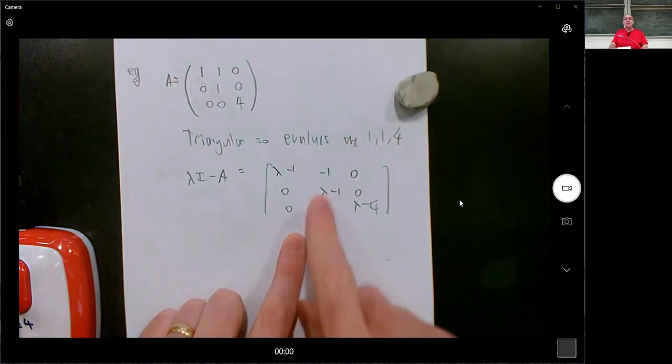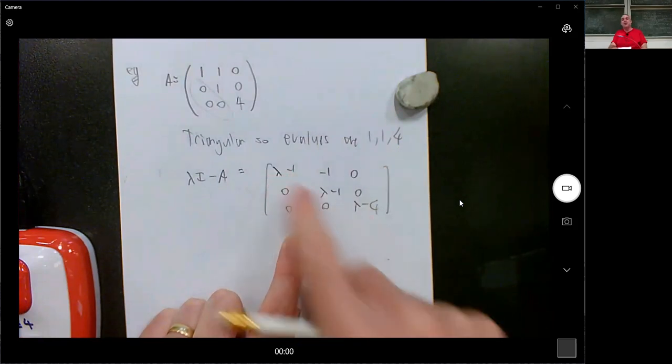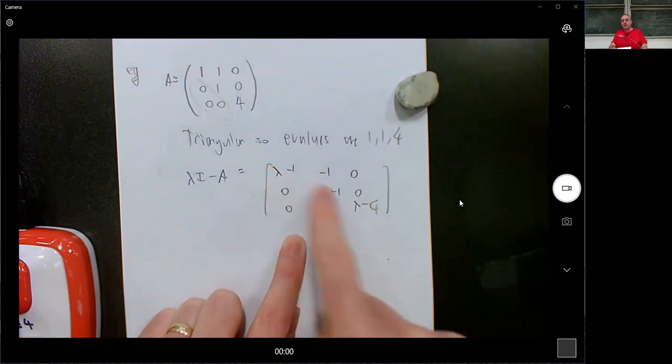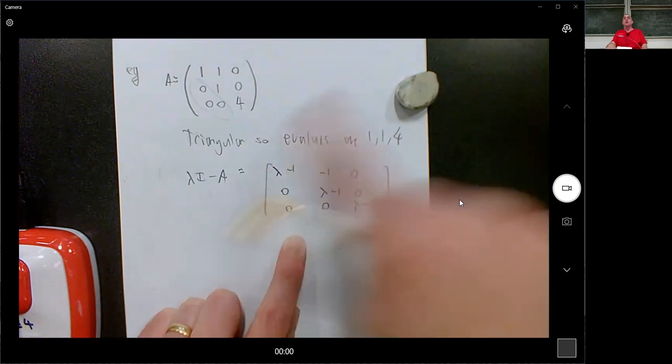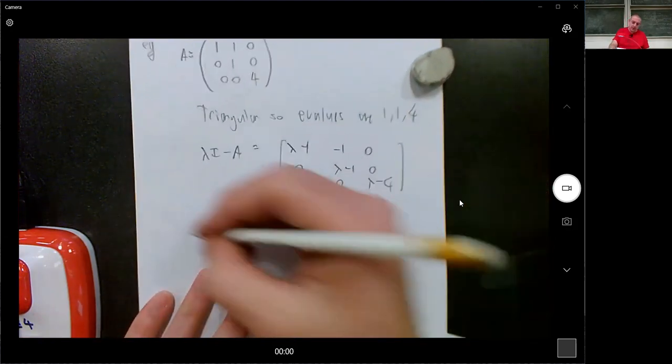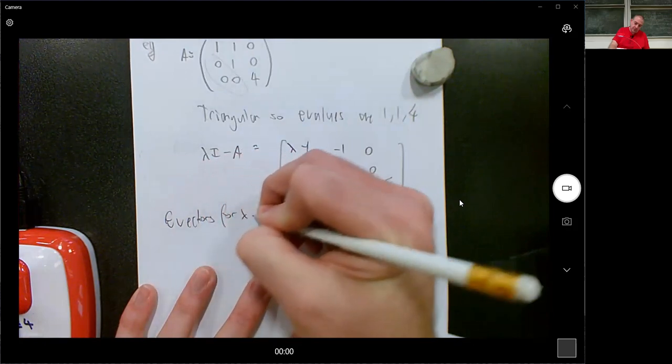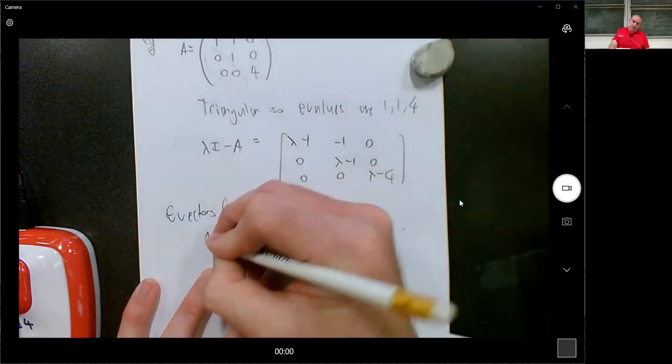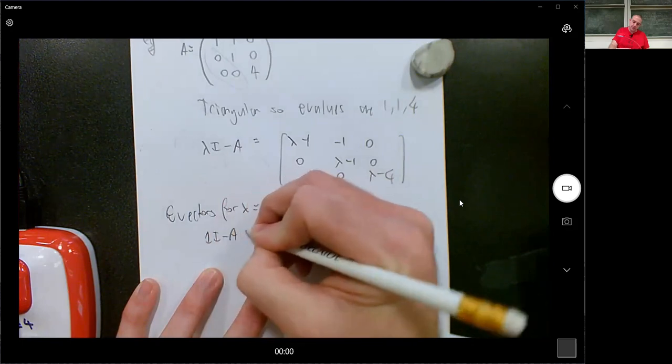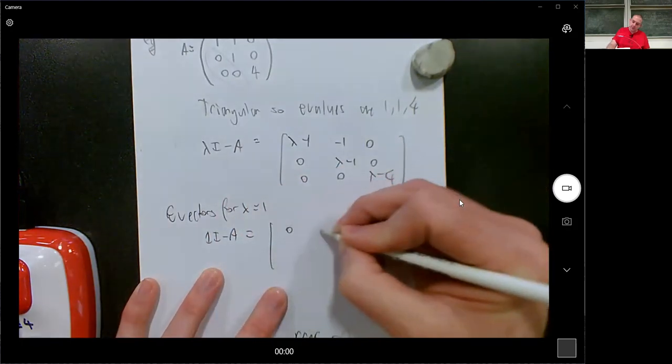Which is why the eigenvalues come out to 1, 1, 4, because when you find the determinant of this, you just get this times this times this, because of all the zeros. So 1, 0, 4.